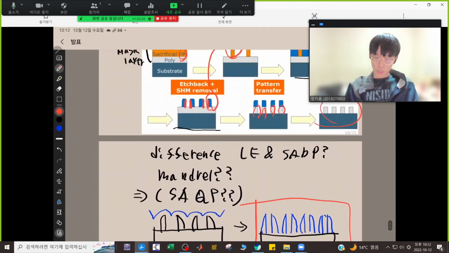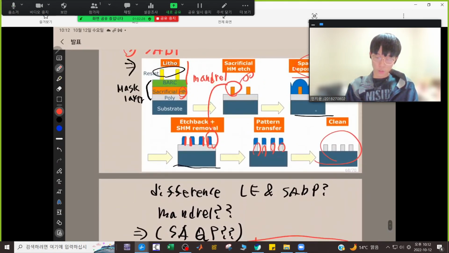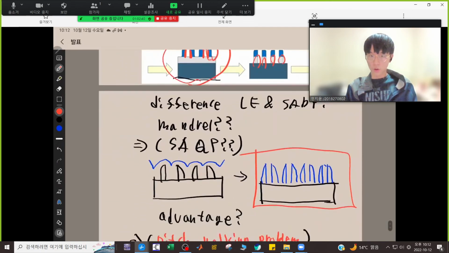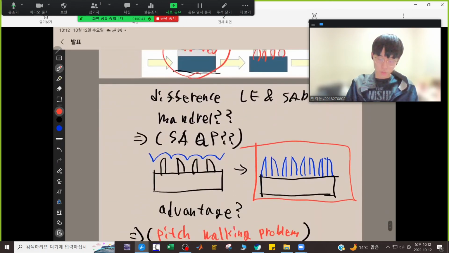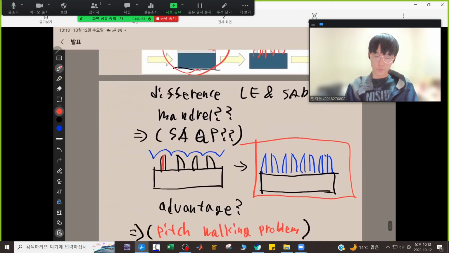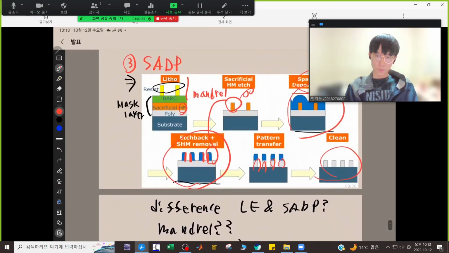So if we repeat this spacer deposition and etchback process on the spacer mandrel, this process is called self-aligned quadruple patterning.